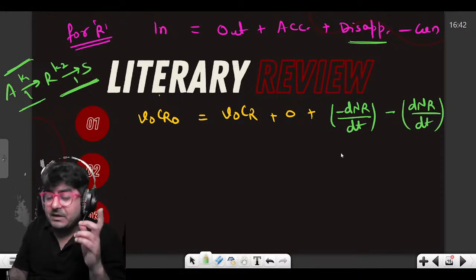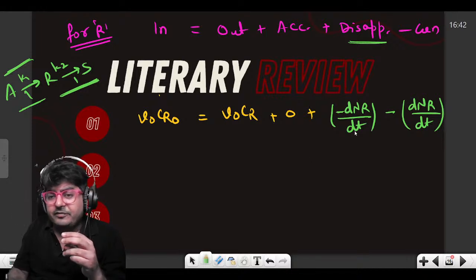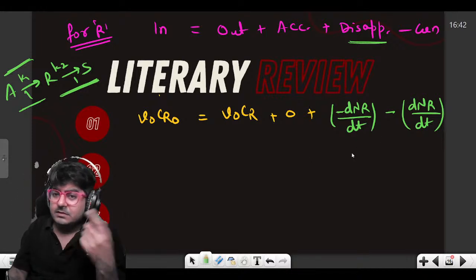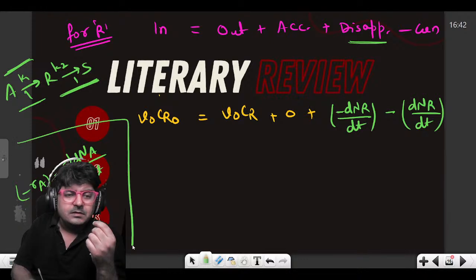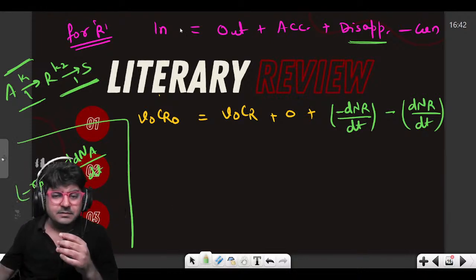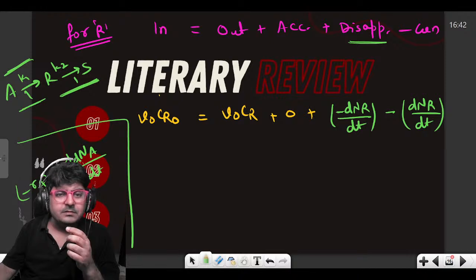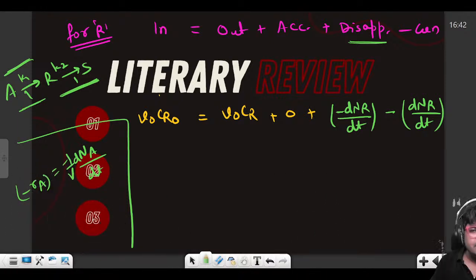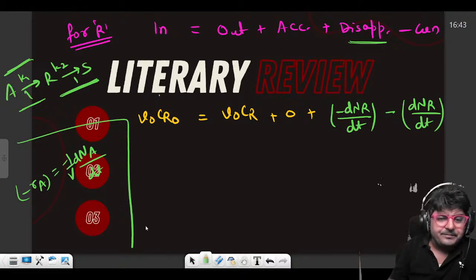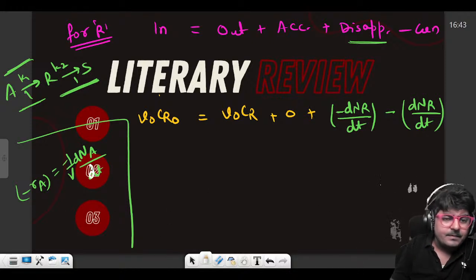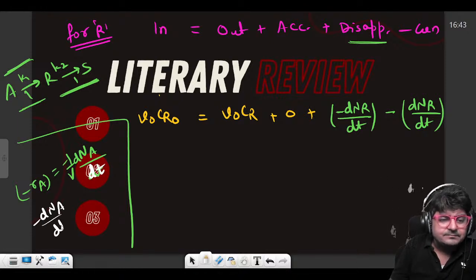है ना. तो यहाँ पे अब ध्यान से देखना, मोलर रेट ऑफ आर डिसअपियर विल बी, यू नो, जैसे हम लिखते थे माइनस RA इक्वल टू -1/V DNA/DT, इफ यू रिमेंबर. तो यहाँ से माइनस DNA/DT क्या आ जाता था आपका? -RA/V.